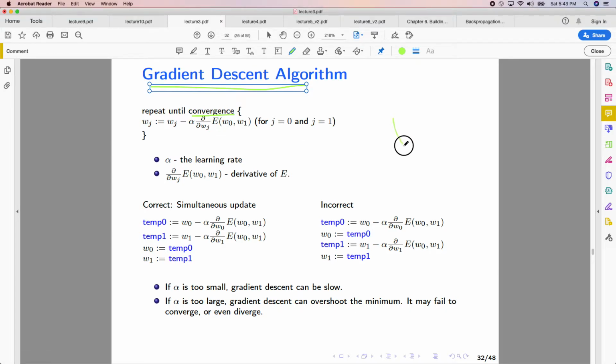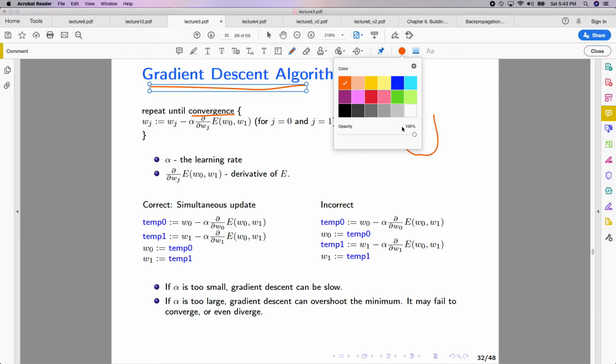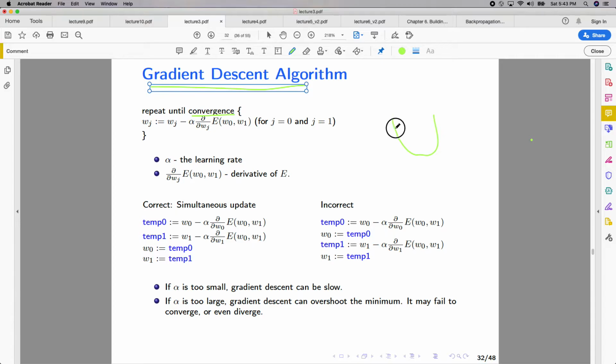I'm sure you must have seen it in some literature where if you have a particular drawing this way and you are actually in this location, you can take a derivative at this point to know the direction of the slope, and essentially you move in the negative direction of the slope in order to get to the global minimum.